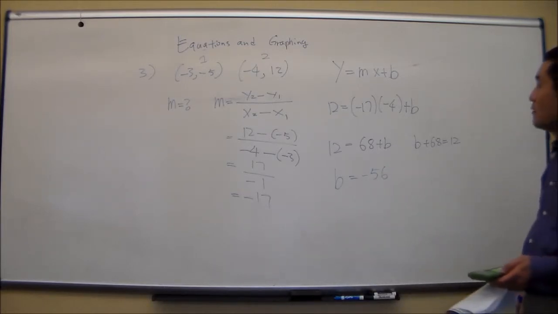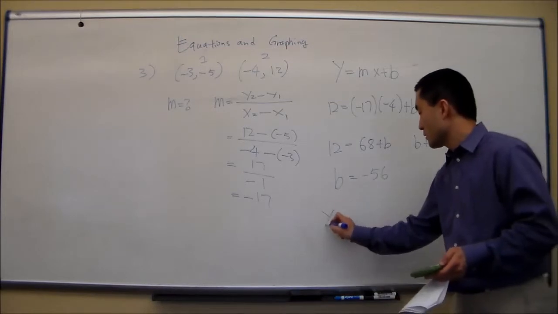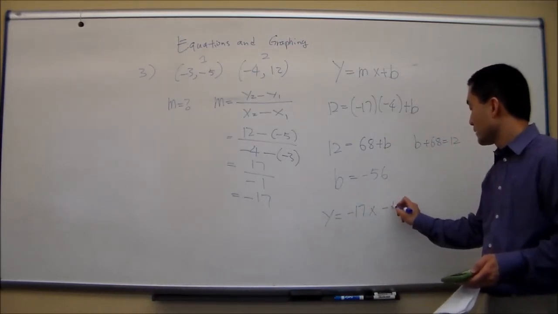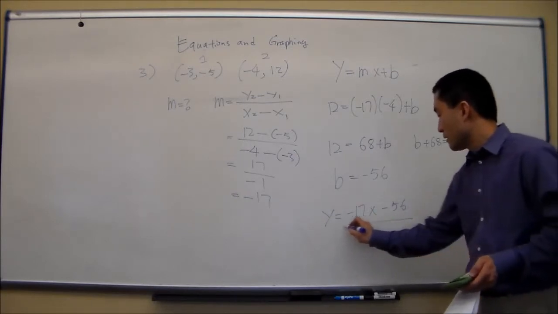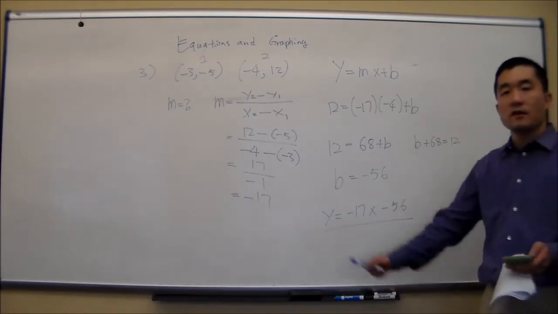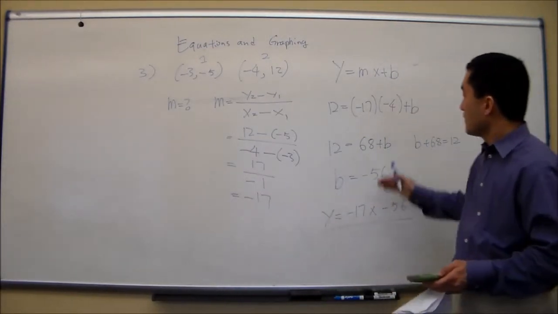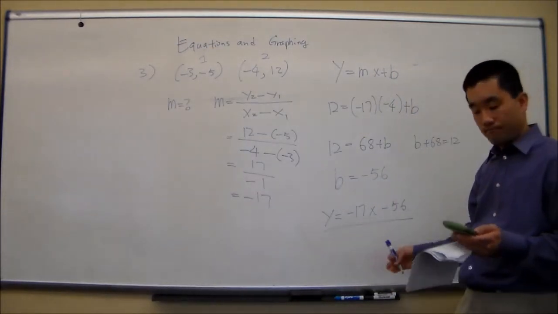So, plug it back in. The final answer is negative 17x minus 56. That's your final answer. This is the hardest one of all three, but follow the steps and you get it.